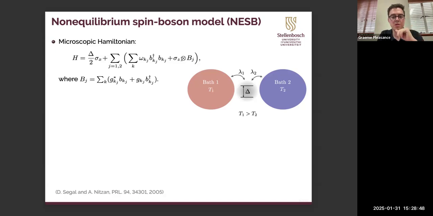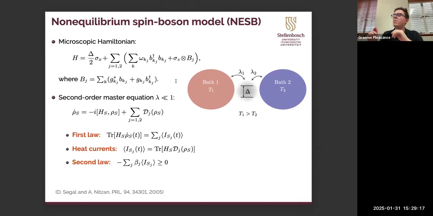We assume our system interacts with each of these reservoirs with the same interaction operator, which here is the Pauli Z. And we assume that each of these reservoirs comprises essentially an infinite collection of non-interacting bosons. And we assume that the interaction between our two-level system and each of these reservoirs is linear, in the sense that this interaction operator is just a linear combination of bosonic creation and annihilation operators.